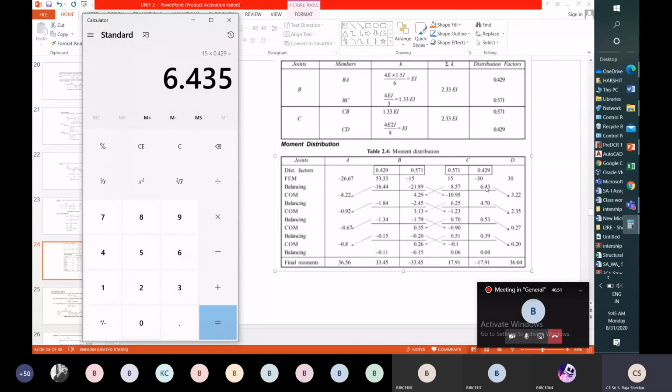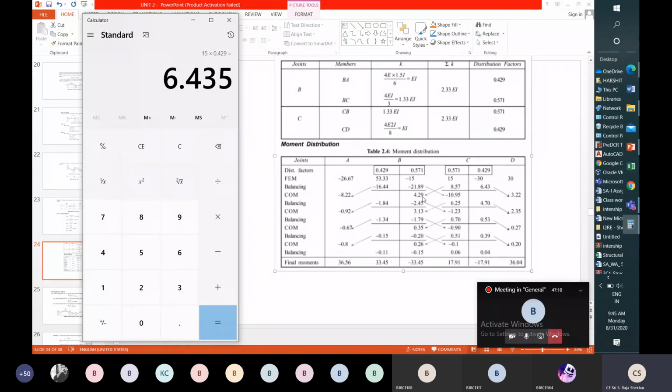We have to carry half of the moment to the near support. దీంట్లో హాఫ్ ఎంత అంటే 6.43 లో హాఫ్ అంటే 3.22. We have to carry this one. 8.57 లో హాఫ్ ఎంత అంటే 4.29. We have to carry it to this near support.